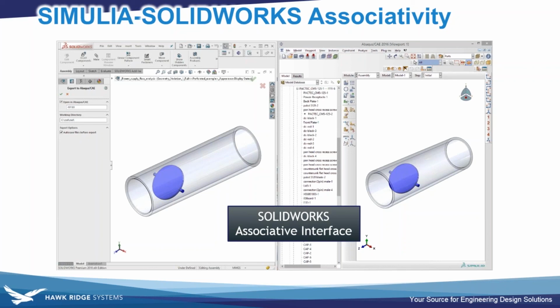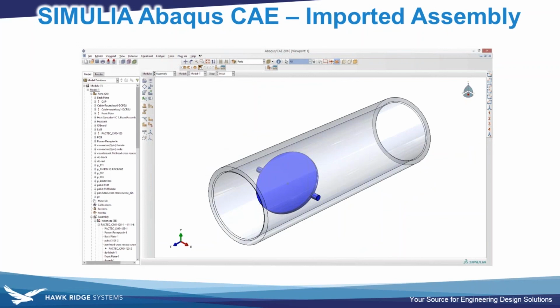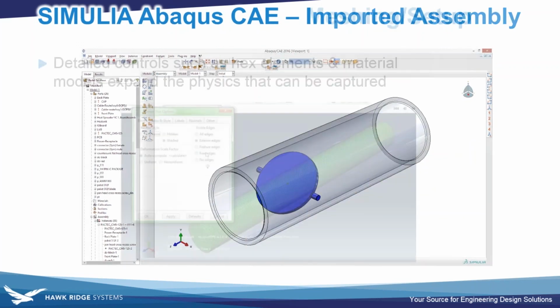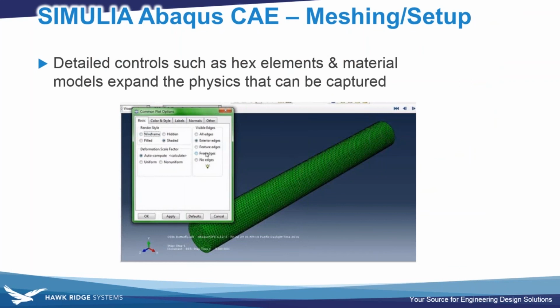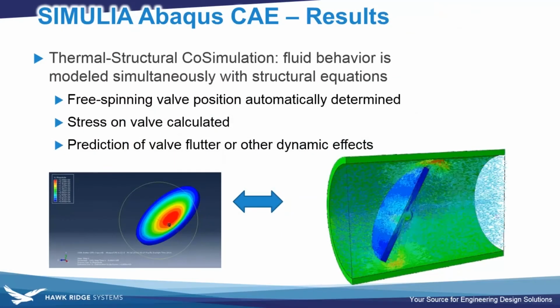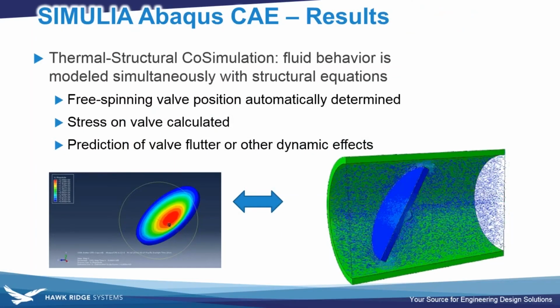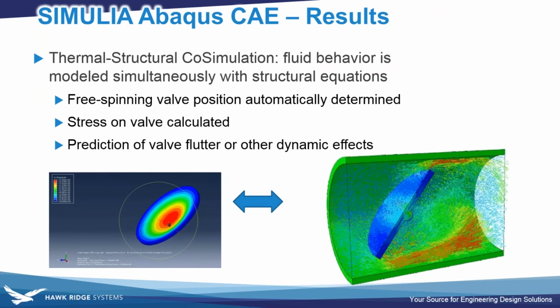So things like the free spinning valve position automatically being determined based on the flow conditions, the stress or deformation in the valve being simultaneously calculated, and the prediction of these dynamic effects that might be occurring on the valve, whether the valve flutters, how that changes the flow rate of the valve, and even how that valve may move and alter the flow under changing input conditions too. For example, if the pump that's supplying the water here starts up or shuts off or cycles.